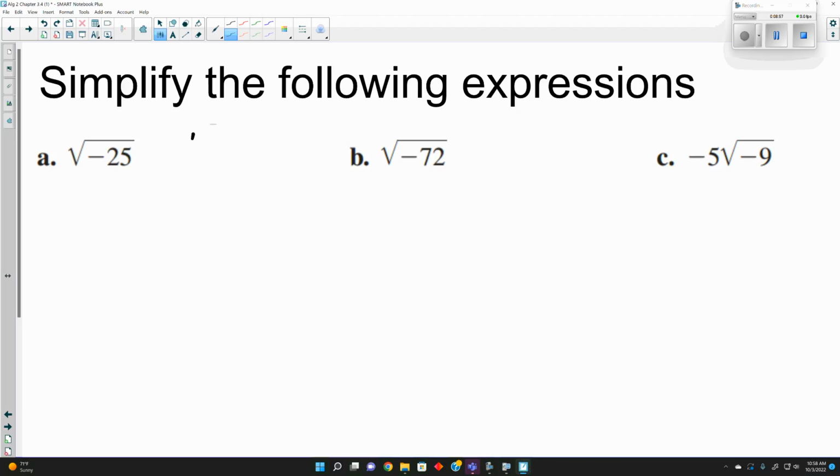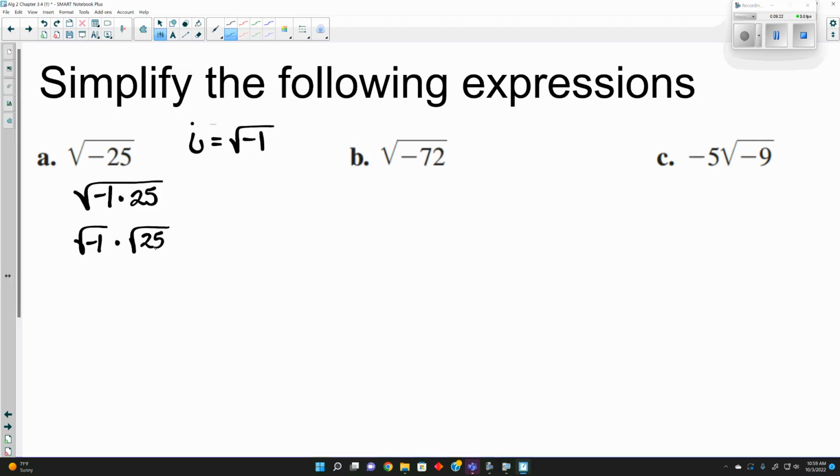What did we say? i is the square root of negative 1, yes? So if we look at the square root of negative 25, that's almost the same as saying negative 1 times 25. Well, we can split that apart and say that we have the square root of negative 1 times the square root of 25.